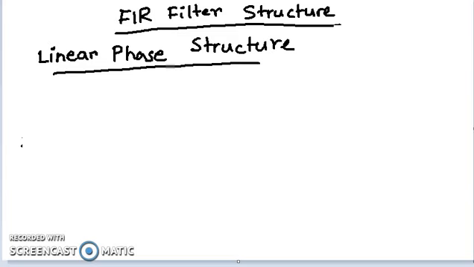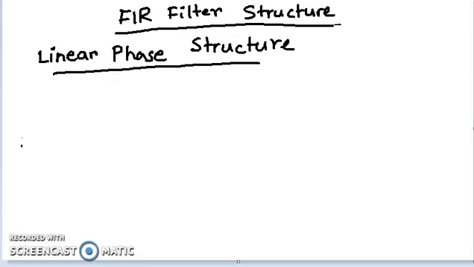Before proceeding towards the linear phase structure, I would like to tell you what a symmetric impulse response and an antisymmetric impulse response are. So what will be a symmetric impulse response?